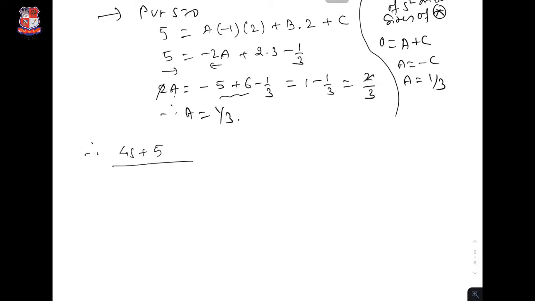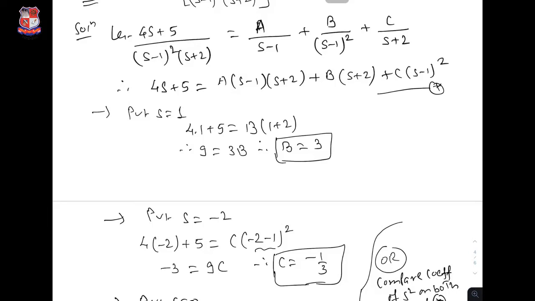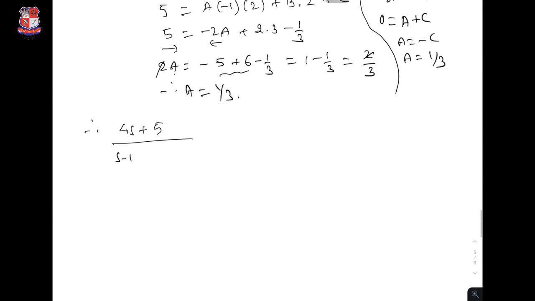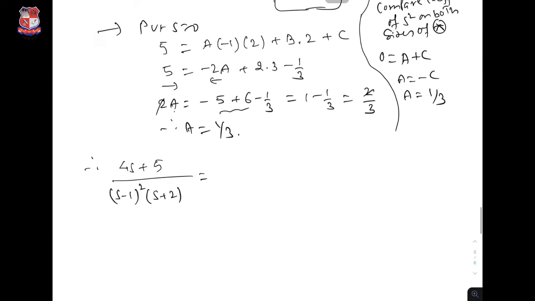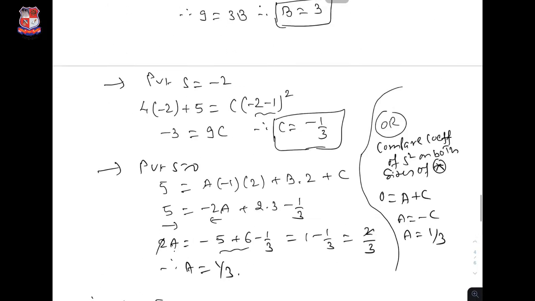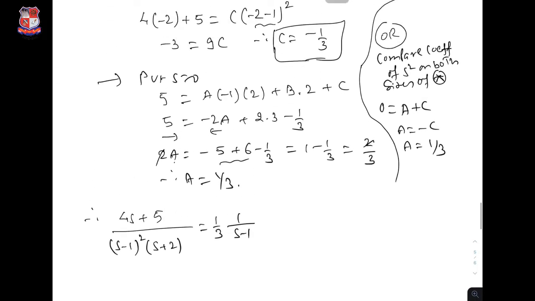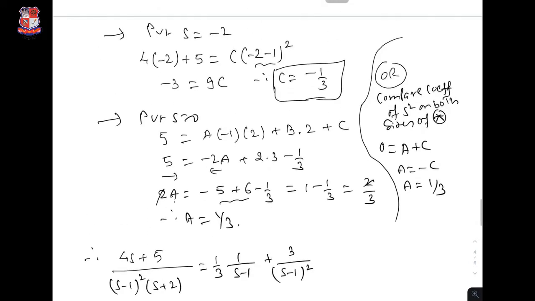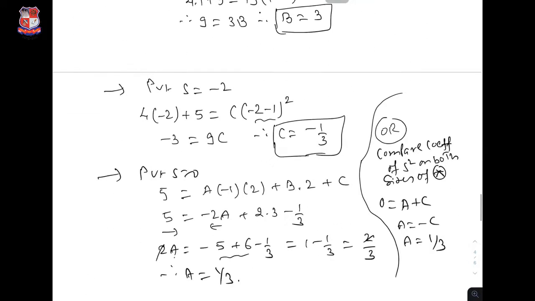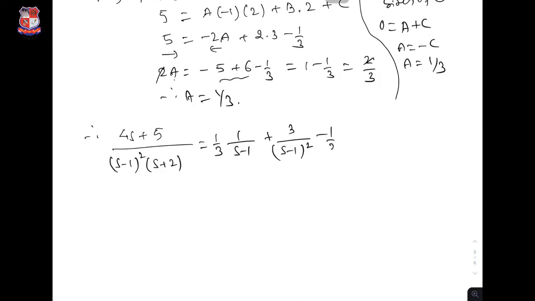Therefore 4s plus 5 over (s minus 1) square (s plus 2) equal to a over s minus 1, where a is 1 by 3, plus b over (s minus 1) square, where b is 3, plus c over s plus 2, where c is minus 1 by 3.